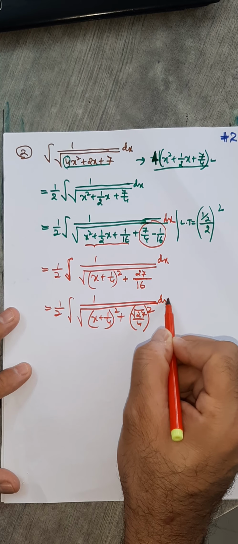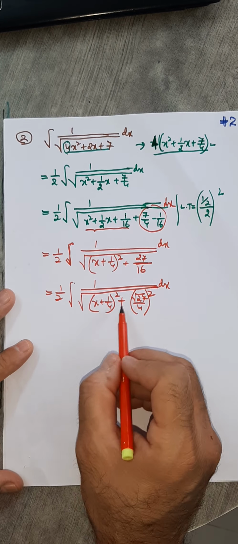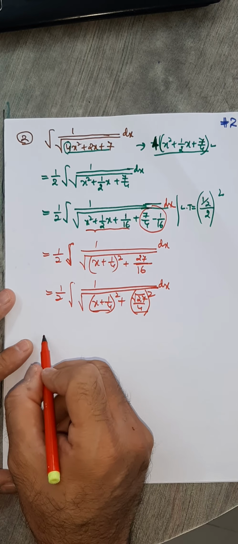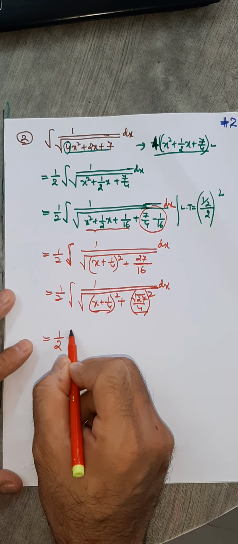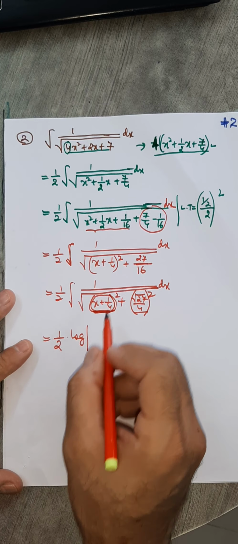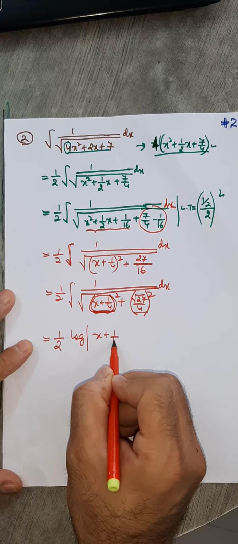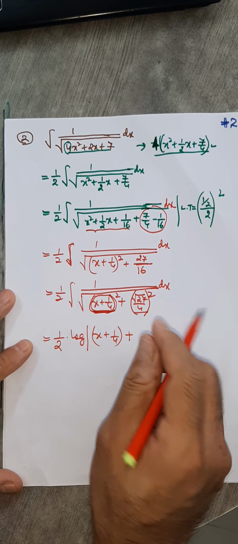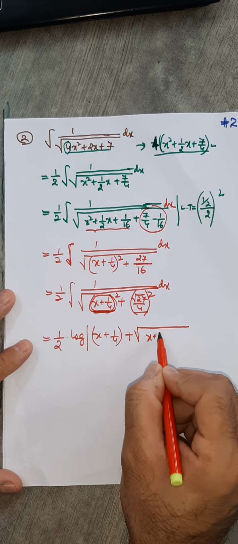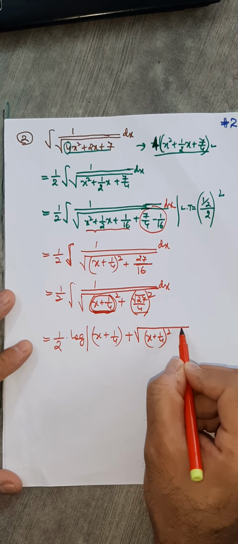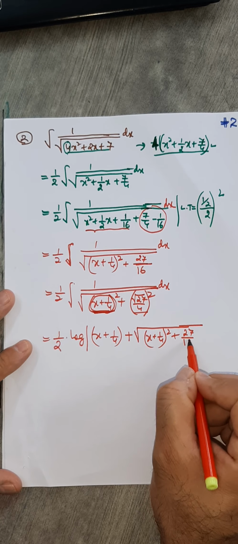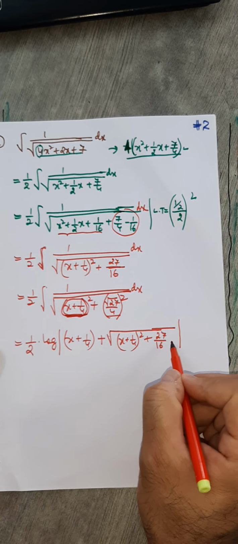Now it is one of the standard formulas, 1 upon root of x square plus a square. If you remember, log of mod of, this is a linear function, so you can imagine this as x, log of mod of x plus the same expression, that is x plus 1 by 4 the whole square plus 27, same expression means 27 by 16, plus c.